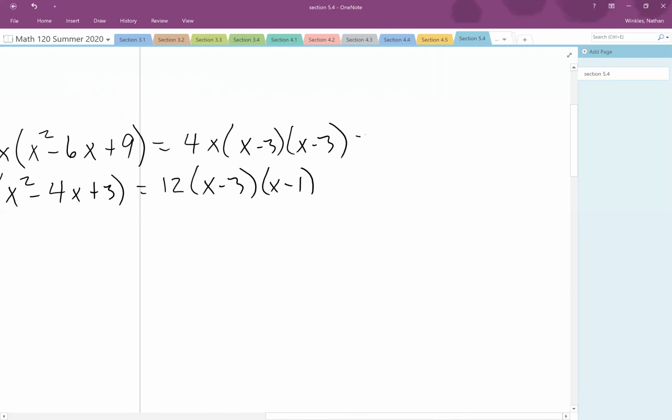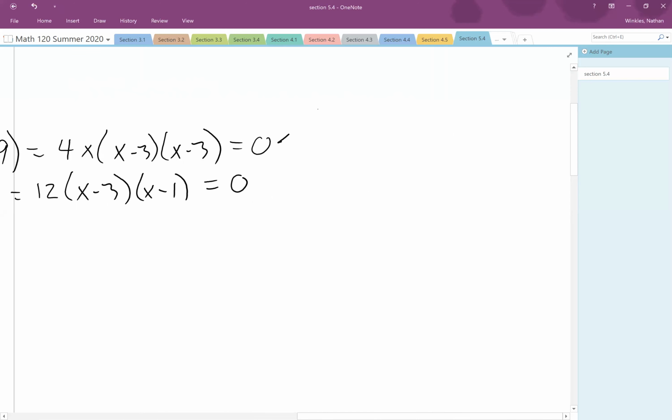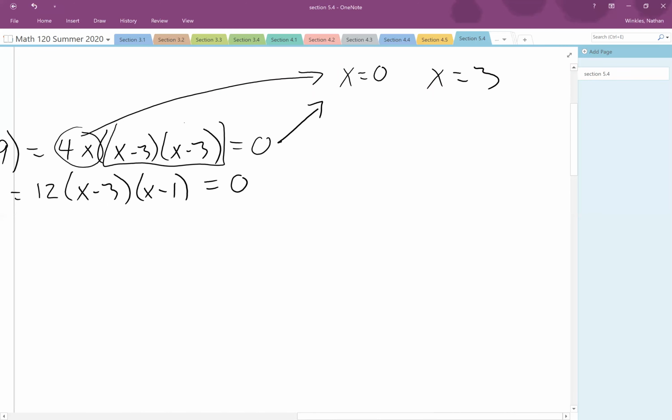For both of these, we want to set them equal to 0 and solve. My first derivative gives me x equals 0 from this term, and x equals 3 from both of these terms.